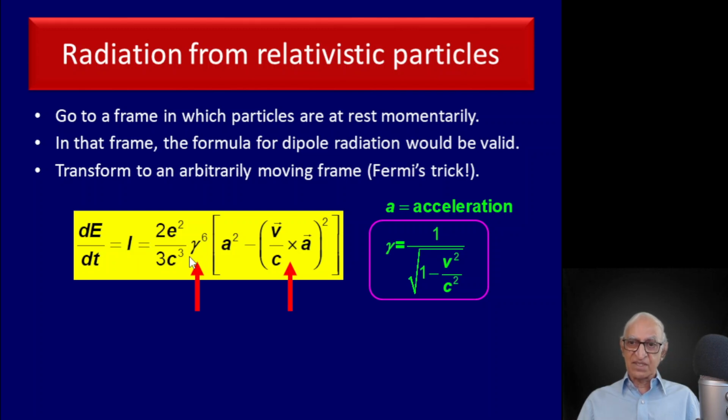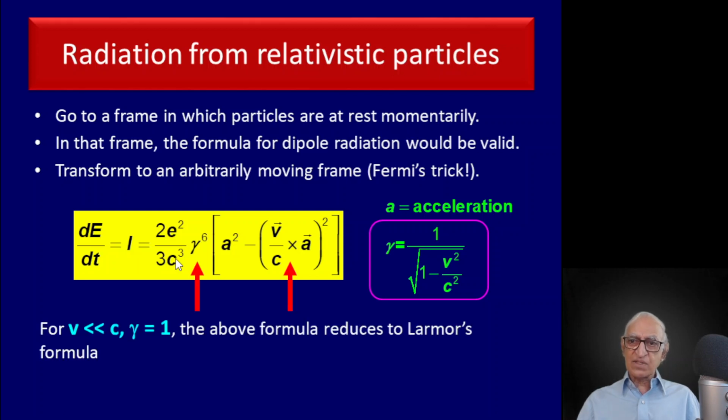In particular, there can be tremendous enhancement of the intensity. Now, why is this occurring? Now, please notice that if I take the limit when v is very, very small, gamma is equal to 1. If v is very, very small, the second term is tending to 0, I can drop it, and I will get Larmor's formula, 2/3 e squared over c cubed multiplied by a squared.